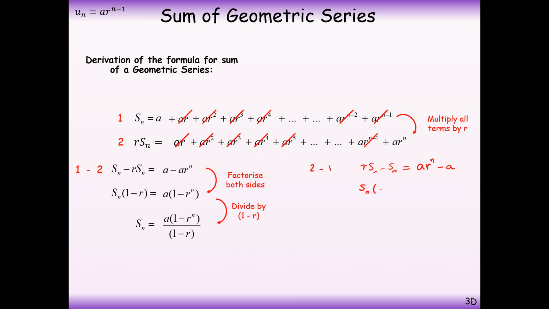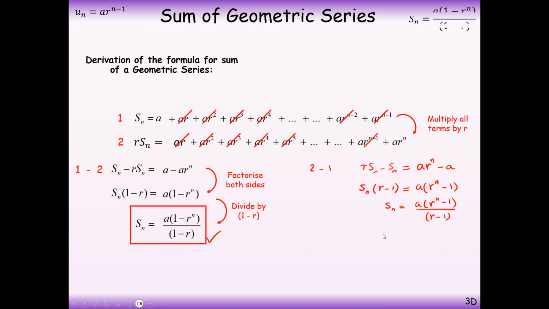You would factorize S of n out of that, and you would have r minus 1 in the bracket. And you would factorize a out of this, and you have r to the power n minus 1. You could have divided by r minus 1, and you would have ended up with this formula. It's up to you which version of the formula you want to use. Most people prefer to use this one on the left because that's the one given in the book.